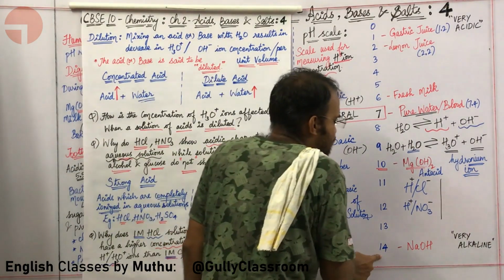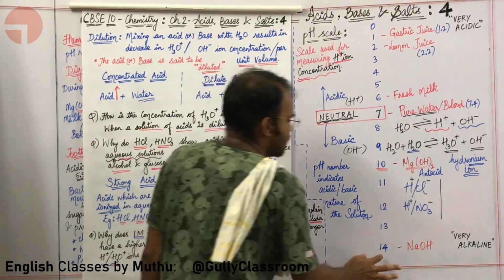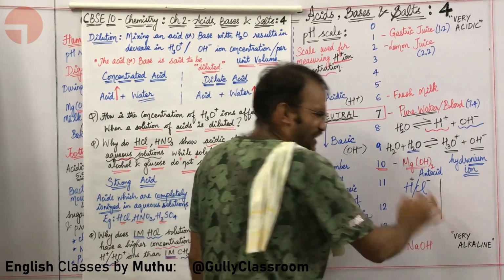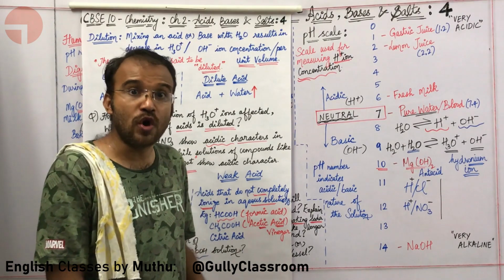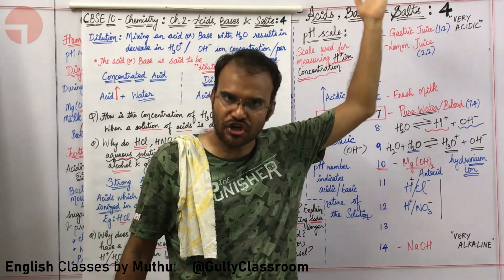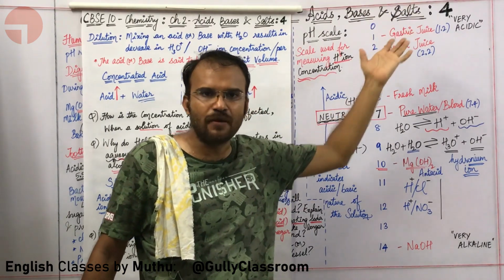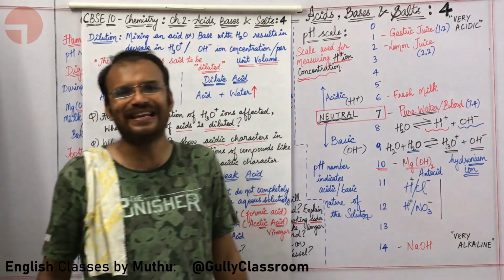What about a pH of 14? Caustic soda or sodium hydroxide has a pH of 14. It is strongly alkaline. So if you have a pH of 0, that solution is strongly acidic. If you have a pH of 14, that solution is strongly alkaline.